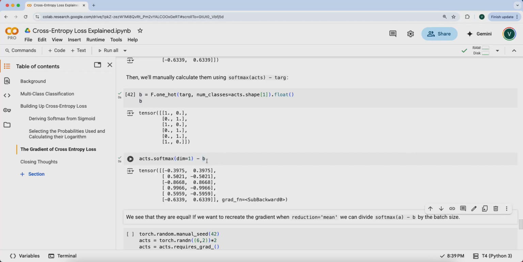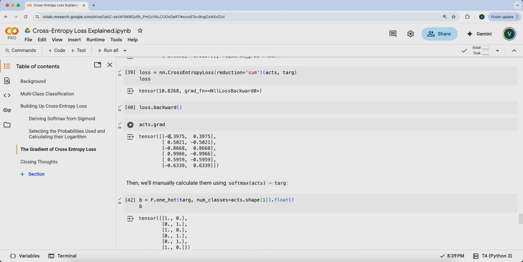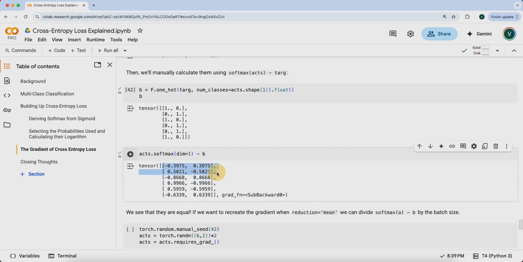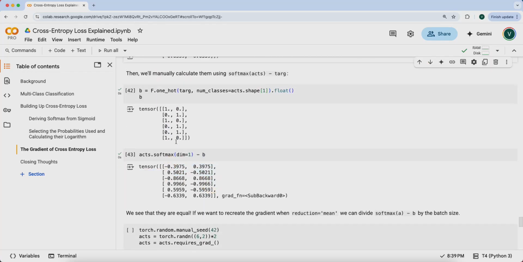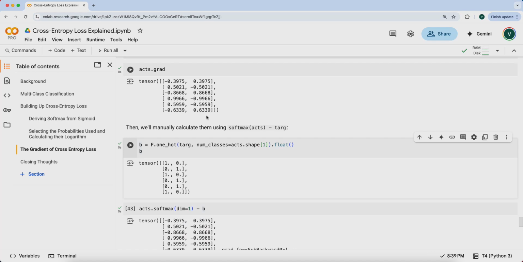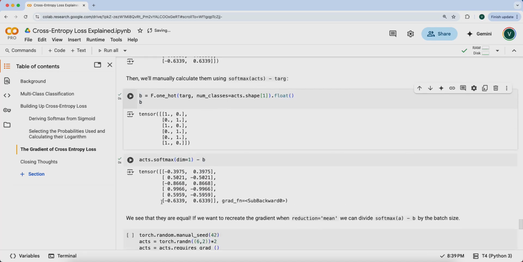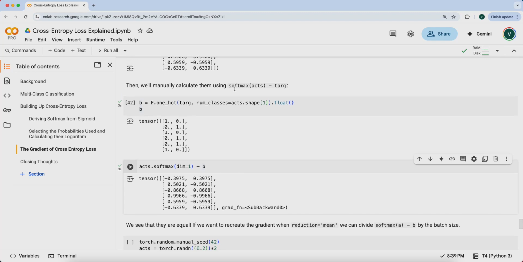And we run that, and we get these values here. If we look up here, negative 0.3975, positive 0.3975, positive 0.5021, negative 0.5021, right? That matches here. Negative 0.8668, positive 0.9966, that matches here. 0.5959, negative 0.6339, that matches here. So this way we've successfully been able to recreate the gradient of cross-entropy loss using softmax activations minus the target.